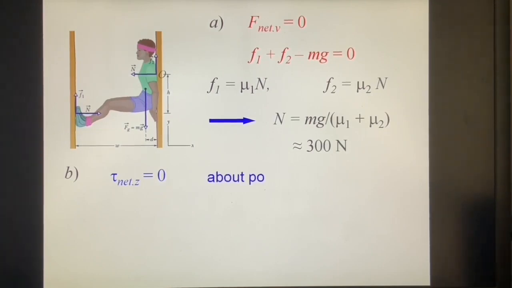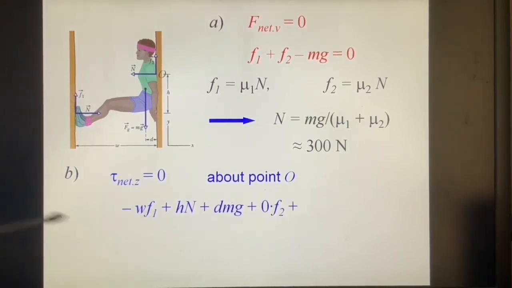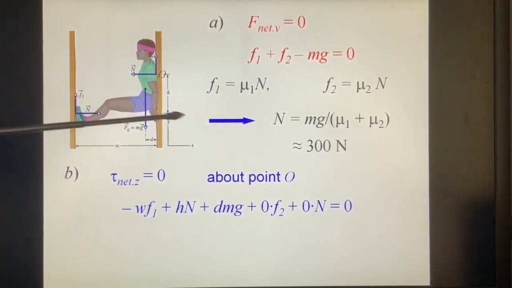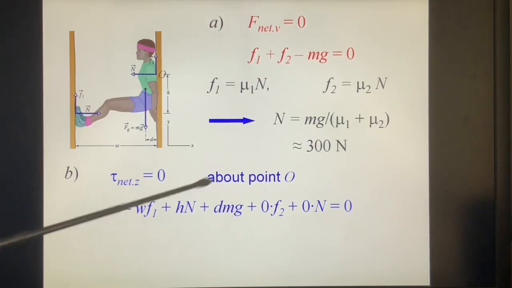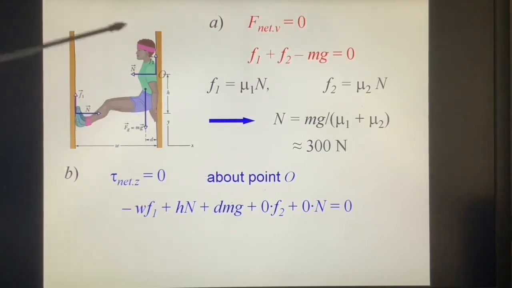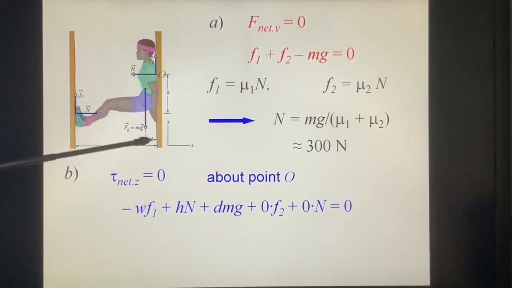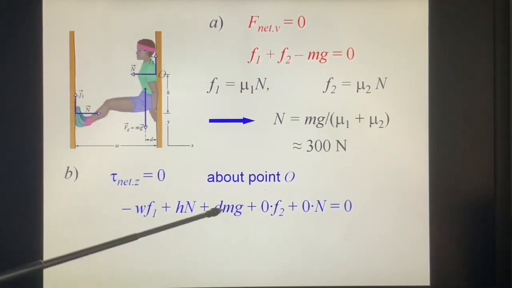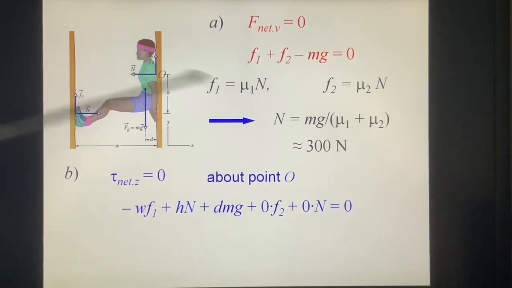Then we find C. About the point O, we have F1, this is clockwise, so it's minus F1 W. And this one is anti-clockwise, it's positive, N H. And this one is going down, so it's D mg, plus these two 0.